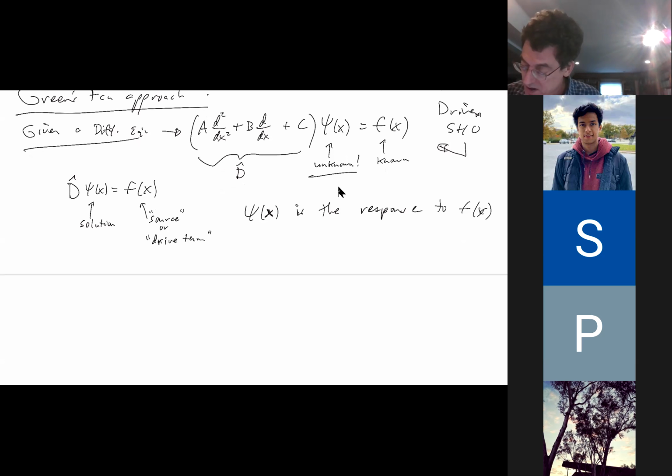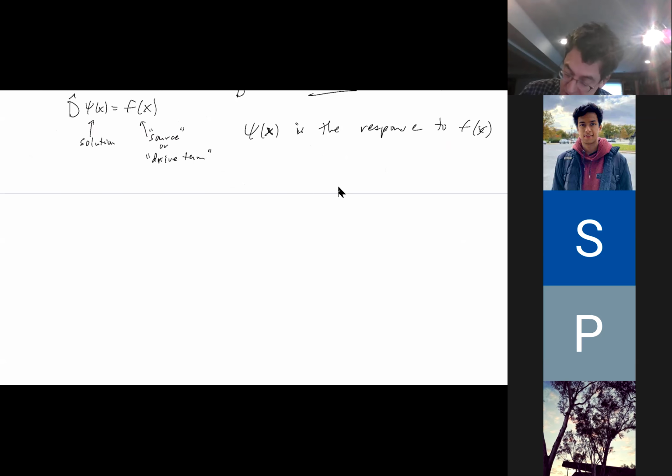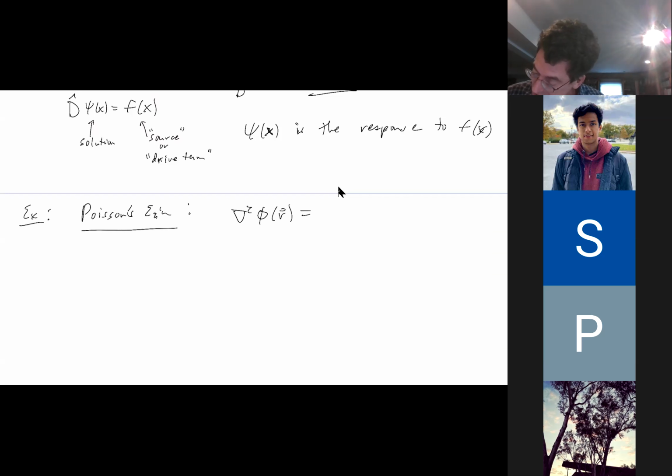And here's an example. A famous example, of course, would be Poisson's equation for E and M, that you've all seen somewhere. Here's Poisson's equation: del squared times phi of r is equal to negative rho of r over epsilon.